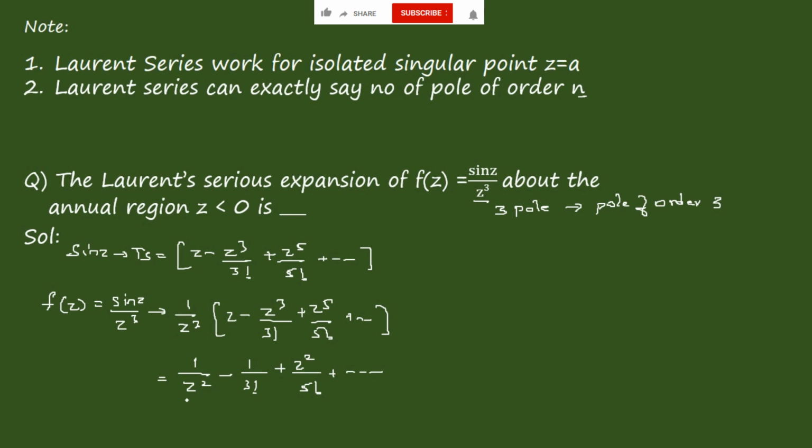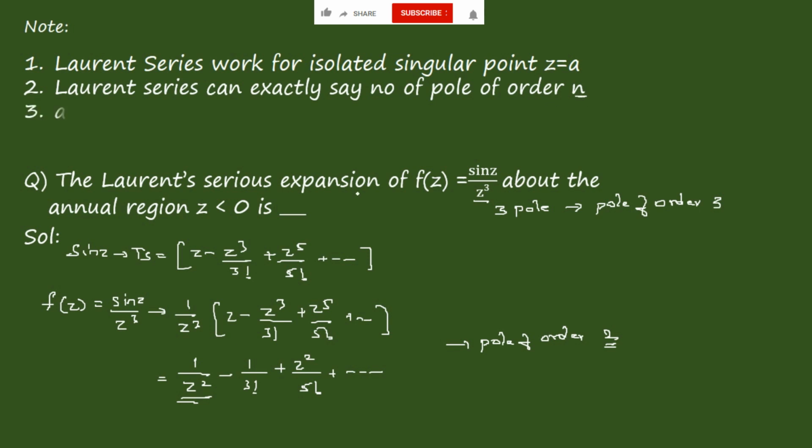So we can say that there are only 2 poles. Okay, so we got a pole of order 2. So by using a Laurent series we can exactly say the number of poles of order n.